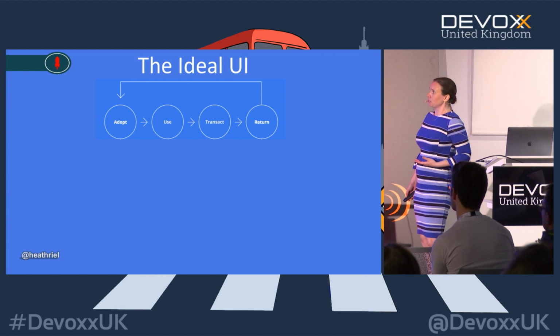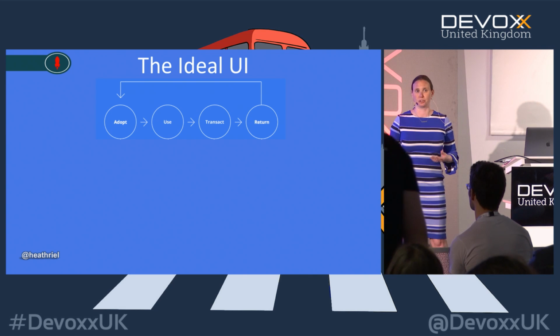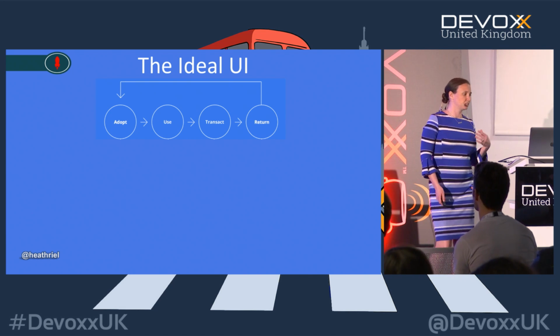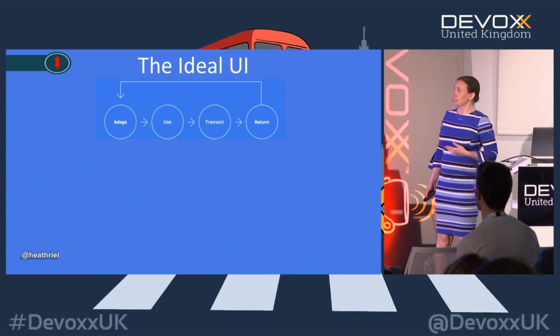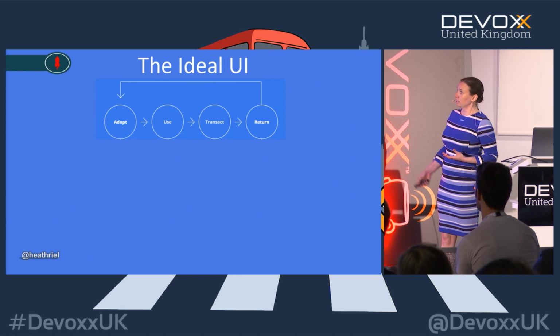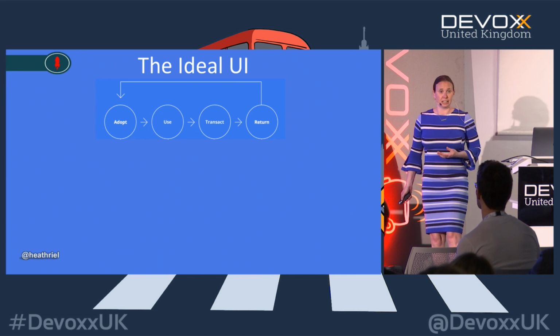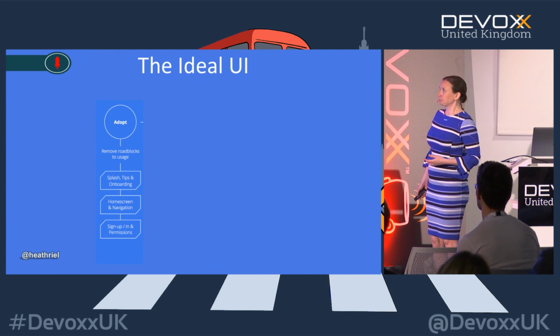So the ideal UI for any kind of thing, like an application that you're going to create, is these 4 phases.